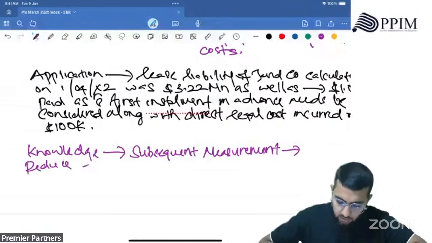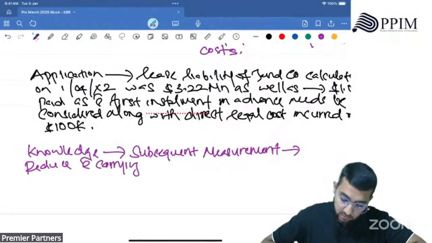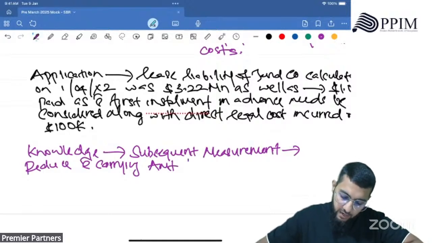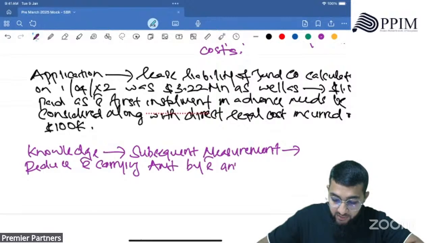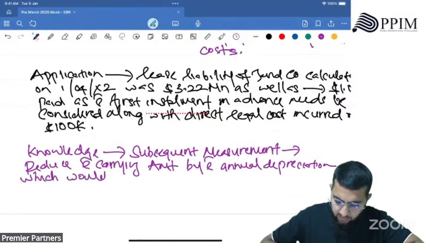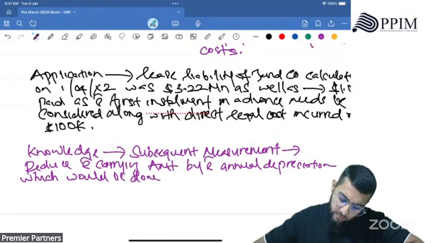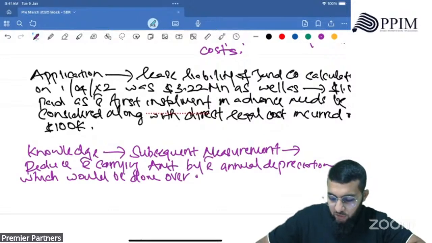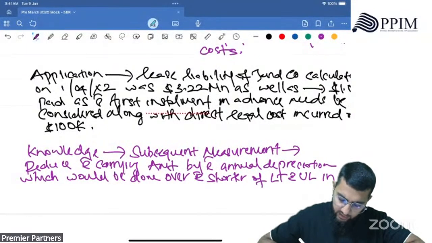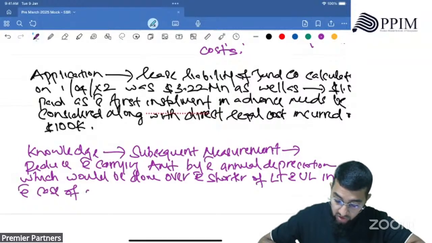Reduce the carrying amount by the annual depreciation, which would be done over the shorter of lease term and useful life in the case of ownership not being transferred.